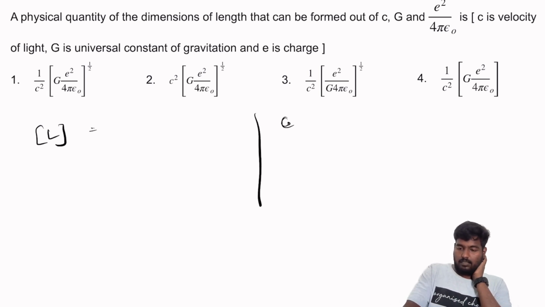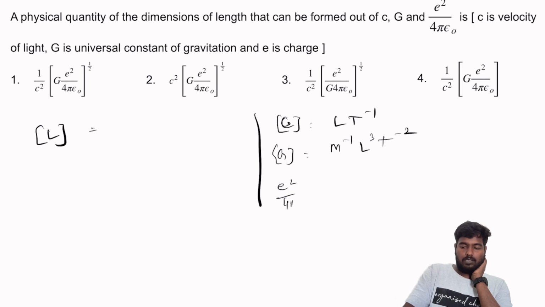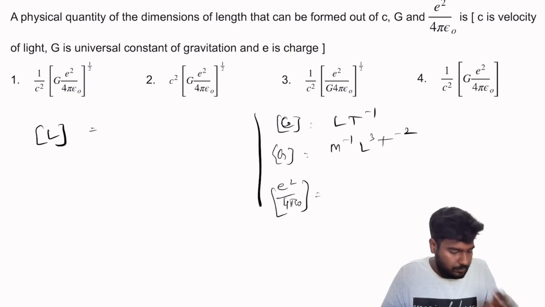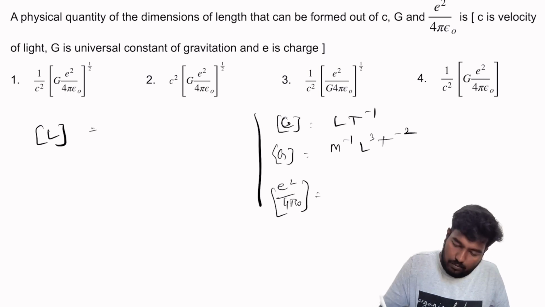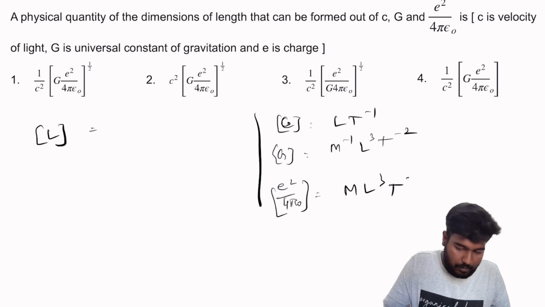C is L T power minus 1, and G is M inverse L cube T power minus 2, and E square by 4 pi epsilon naught has a dimension of M L cube T power minus 2.